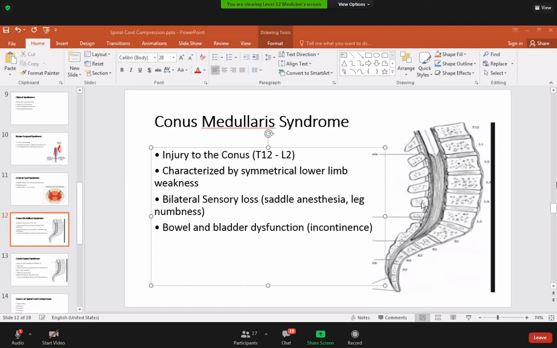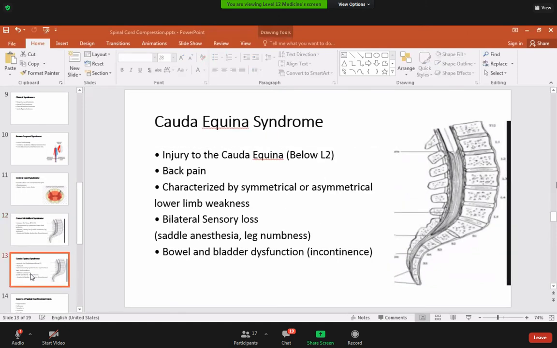If there is any injury in the area beneath the conus medullaris till the end of the vertebral column, the syndrome that appears is called cauda equina syndrome, because this is the cauda equina. The syndrome caused by injury to this area below the level of L2 we call cauda equina syndrome.